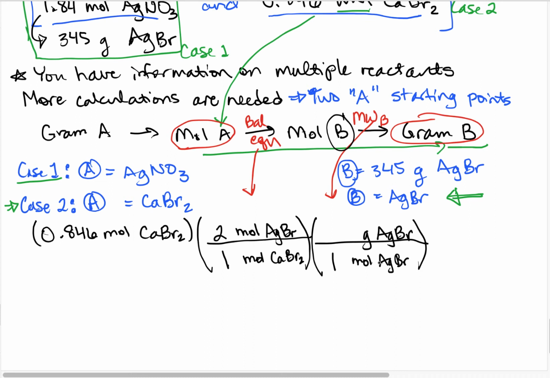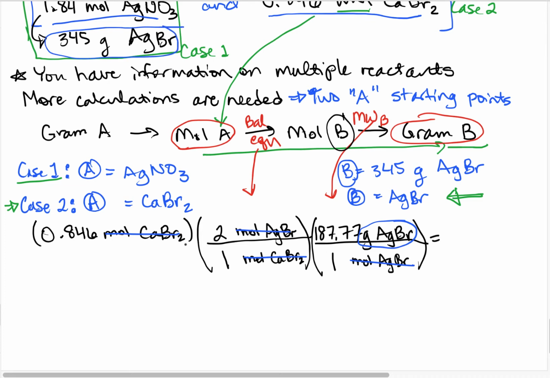So when you calculate it, the molecular weight for silver bromide is the same as it was before, which was 187.77 grams. So we double check our units. Moles of calcium bromide cancels out. Moles of silver bromide cancels out. So our units are in grams of silver bromide, which is what we want so that we can compare it to our case 1 result.